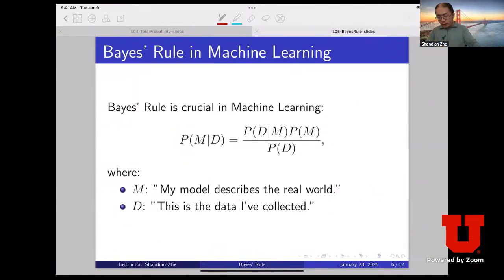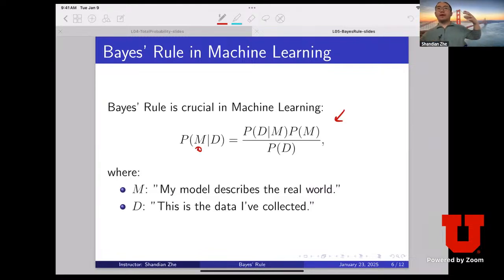So here, I just want to briefly introduce how Bayes' rule is formulated in the machine learning domain, because this is my territory. How is Bayes' rule used in machine learning or artificial intelligence, in the broader sense? Usually we build up some kind of model.